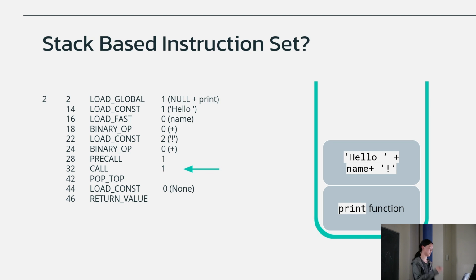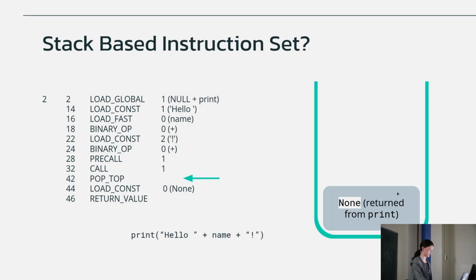So the call instruction takes one argument, and it's the number of arguments that the function next on the stack needs to run. In this case it's 1, so it will consume this one argument, and then consume this print function and run that. So it will print, and then because print actually returns a None value, that also gets pushed onto the stack. And then, yay, we've finished the execution of this function.